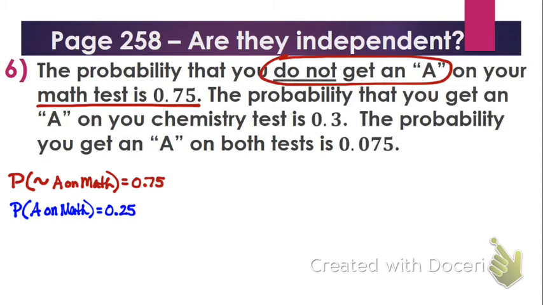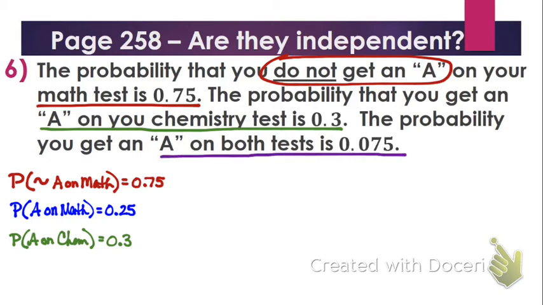And you said we're also looking at a chemistry test here. What's the probability that you get an A on your chemistry test? 30%. 0.3. What's the probability that you get an A on both tests? 7.5%.